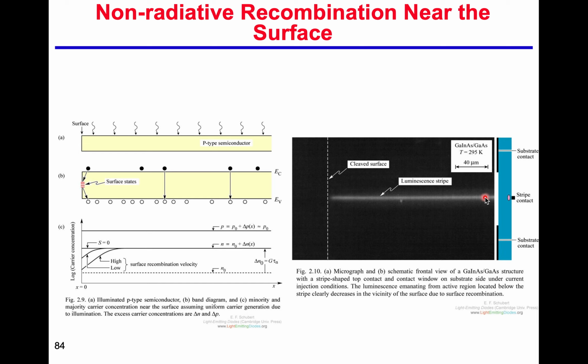Then you will see the emission here. But at the surface, you will see the light become dimmer. The emission intensity decreases, okay? Because the surface states will result in a higher non-radiative recombination, okay?